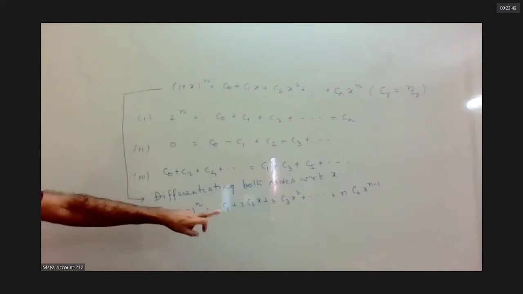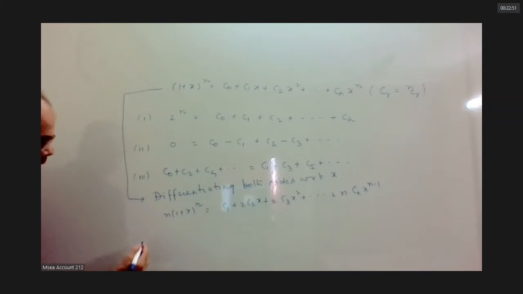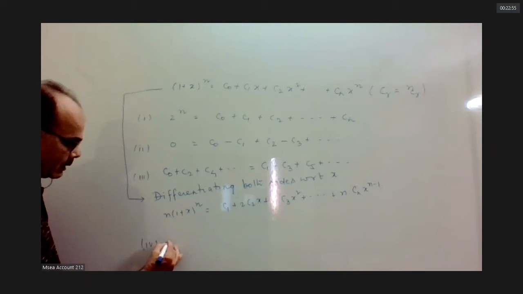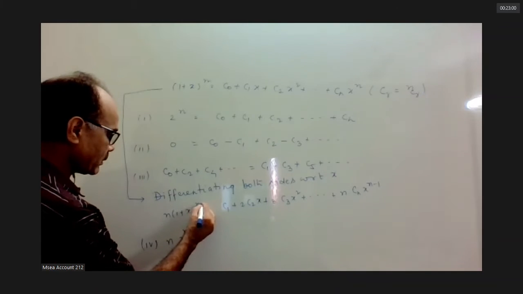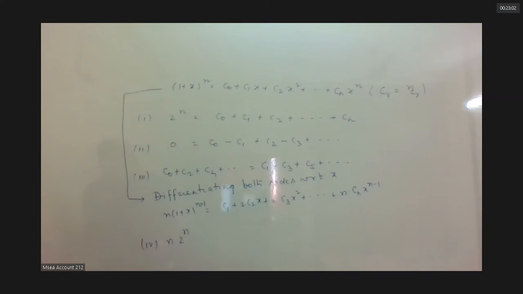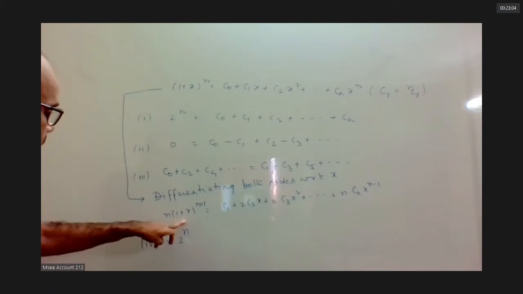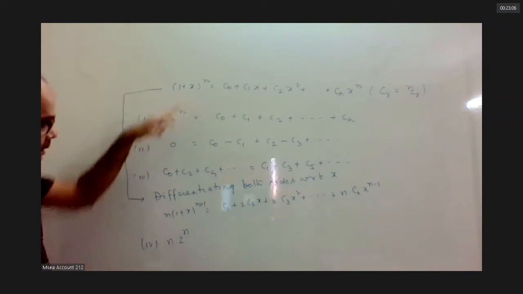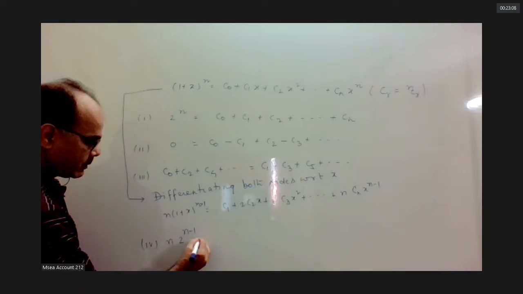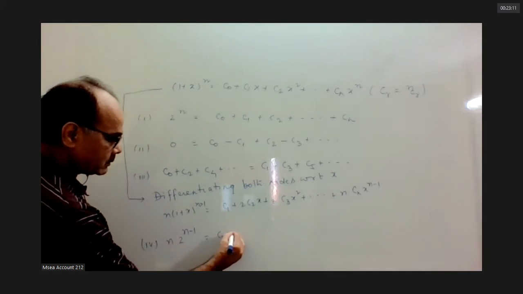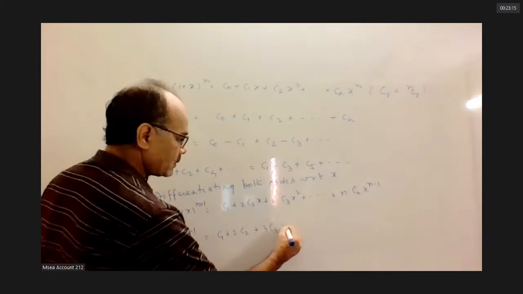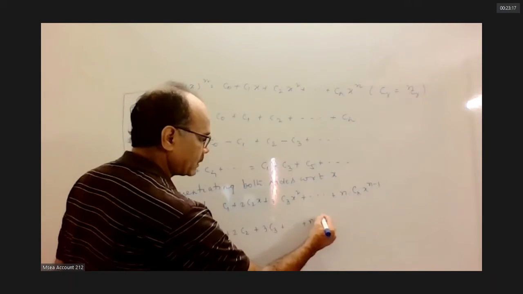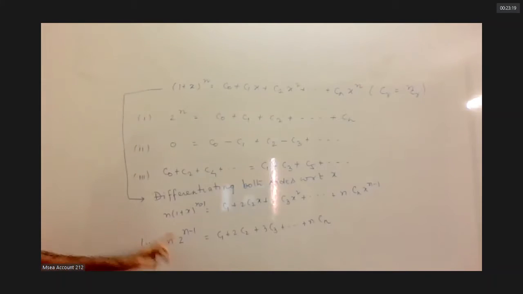So if you put x equal to 1, n into 2 to the power n minus 1, here n into 1 plus x to the power n minus 1 equals C1 plus twice C2 plus thrice C3 up to n Cn. This value equals this.